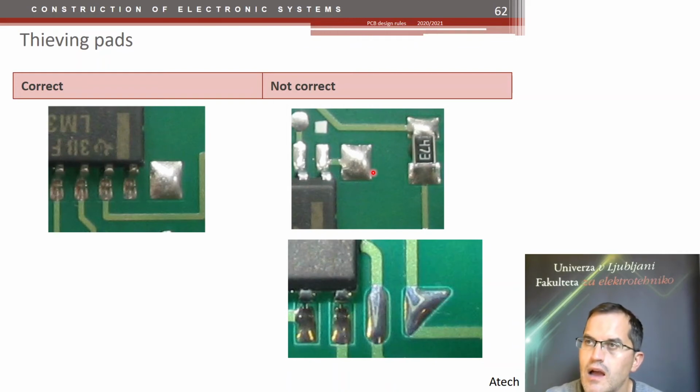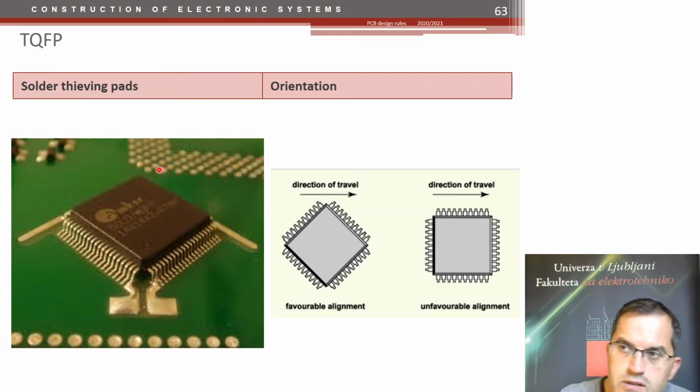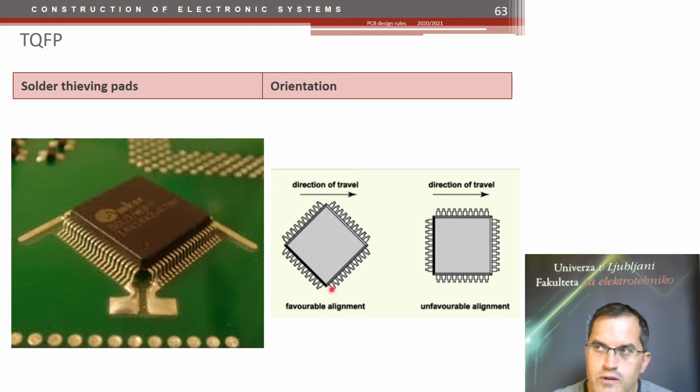How about TQFP cases, like here. You see, integrated circuits that have pads on all four sides can also be soldered in wave soldering, but they have to be oriented at 45 degrees.